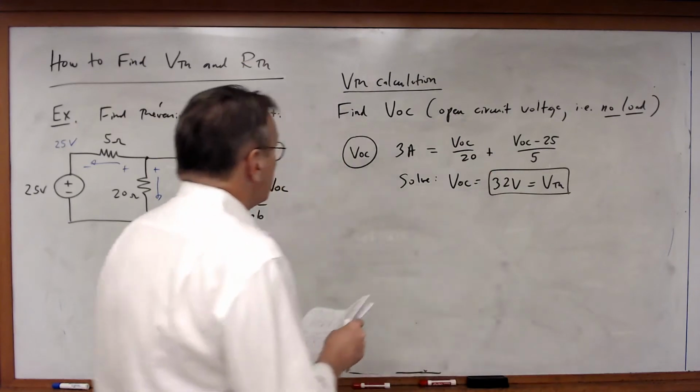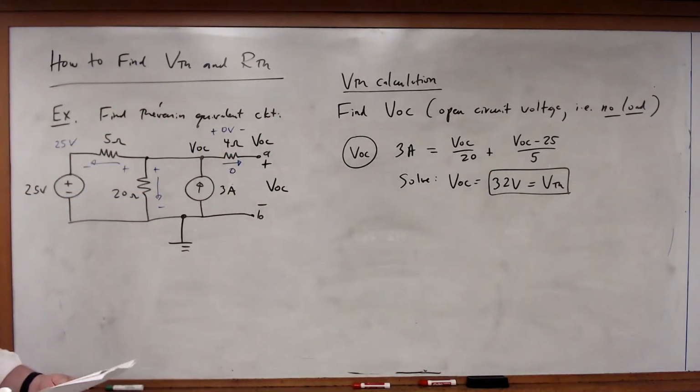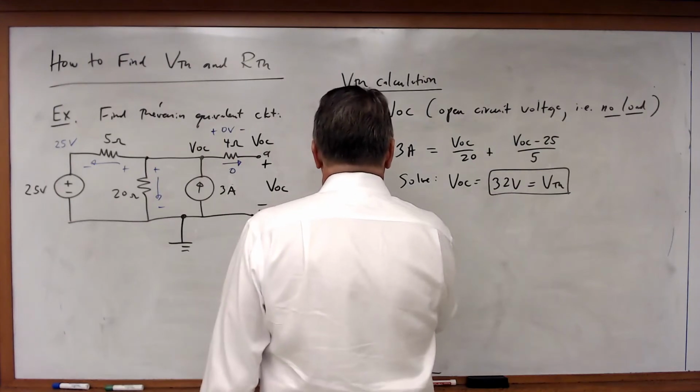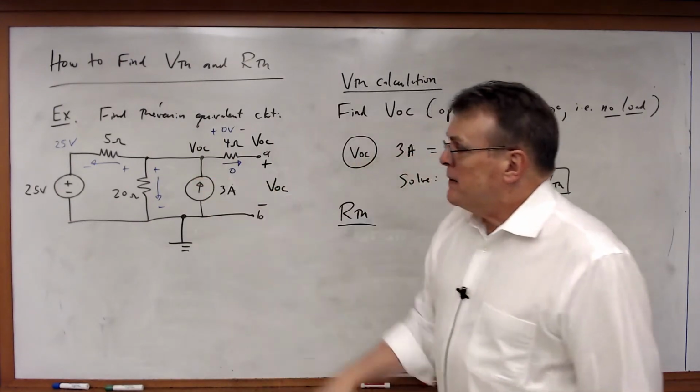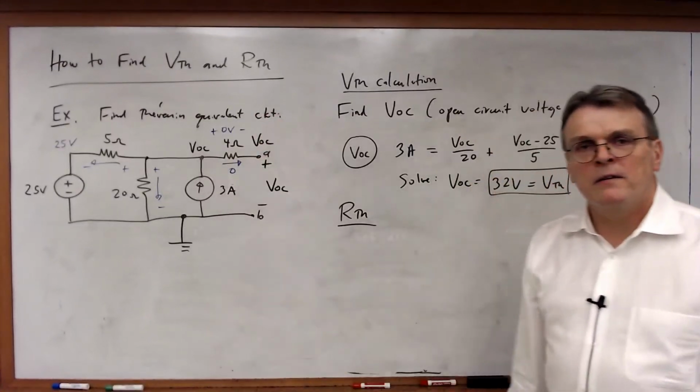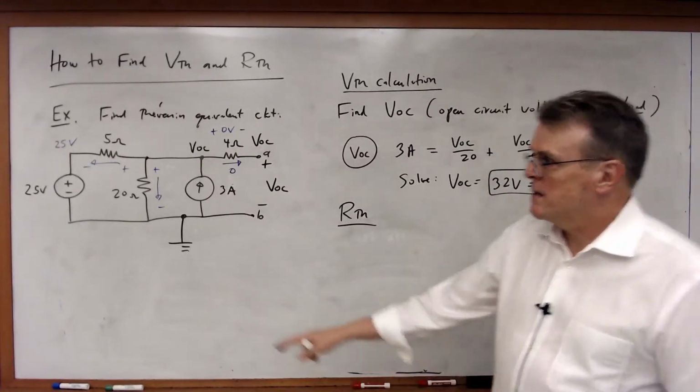Okay, now let's find the Thevenin equivalent resistance. Let's go back to the original circuit, and now let's zero out all of the independent sources.